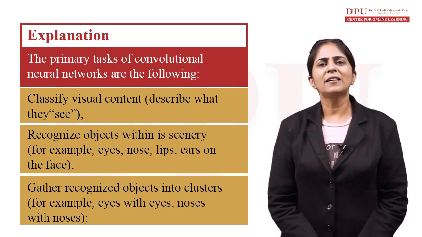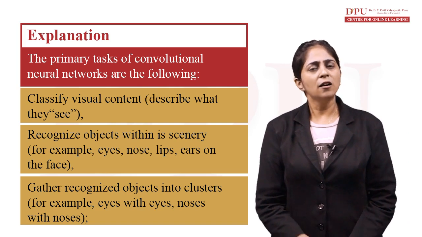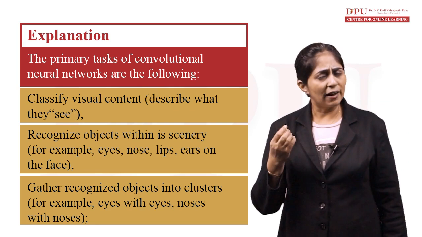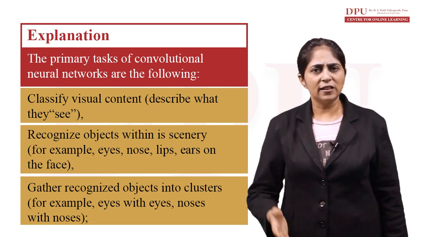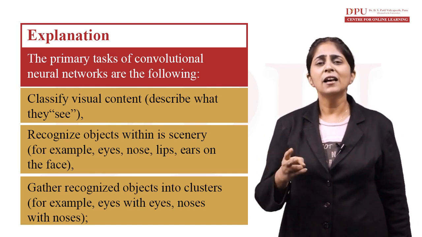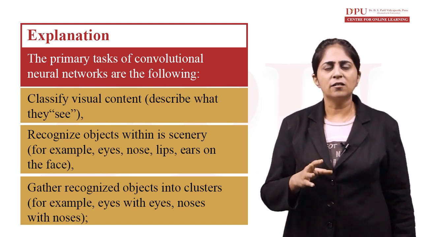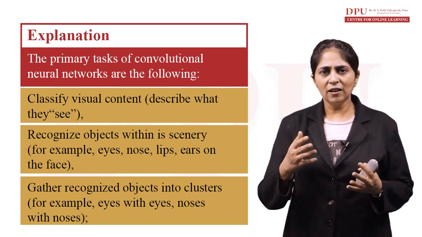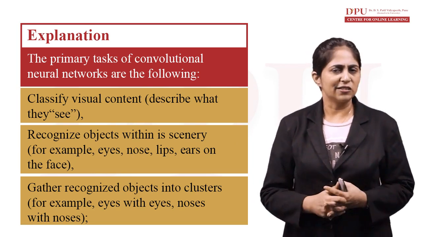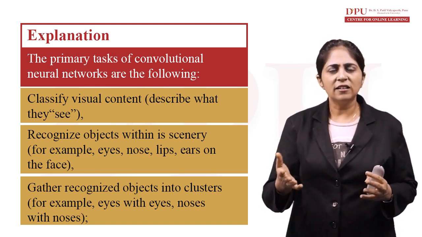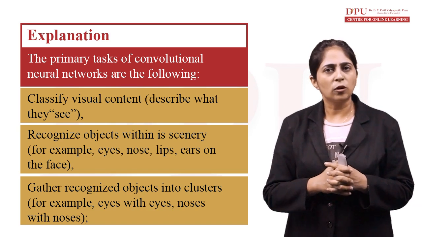So, the primary tasks of our CNN are, first, to classify the visual content, that means to describe what it sees in that particular image. Second is to recognize the objects within the image, like eyes, nose, ears, etc. Then the third is to gather these recognized objects into clusters.